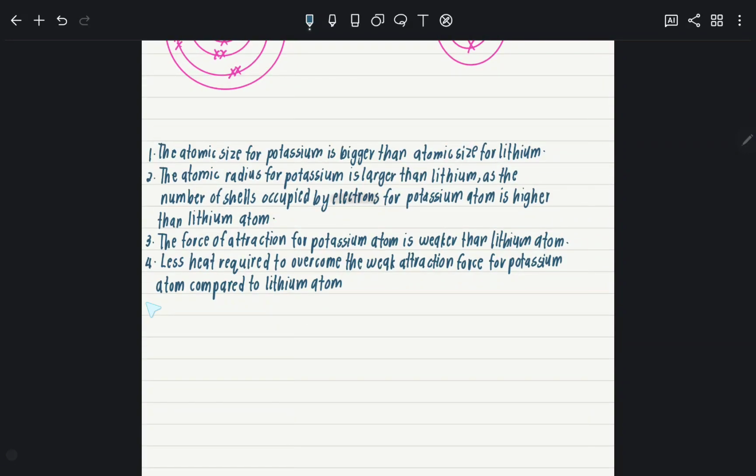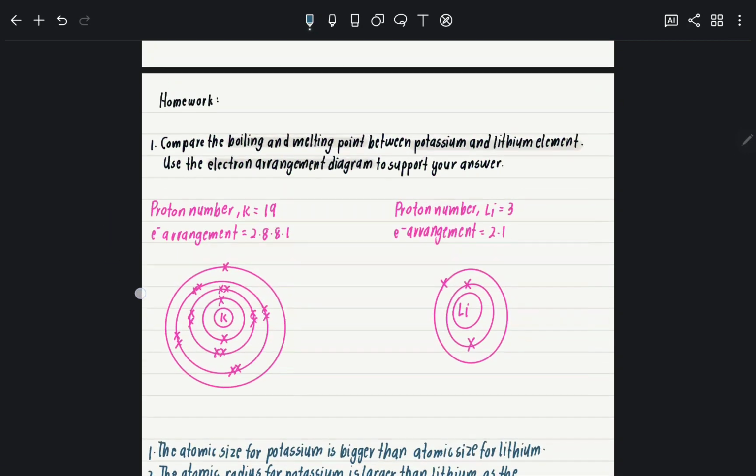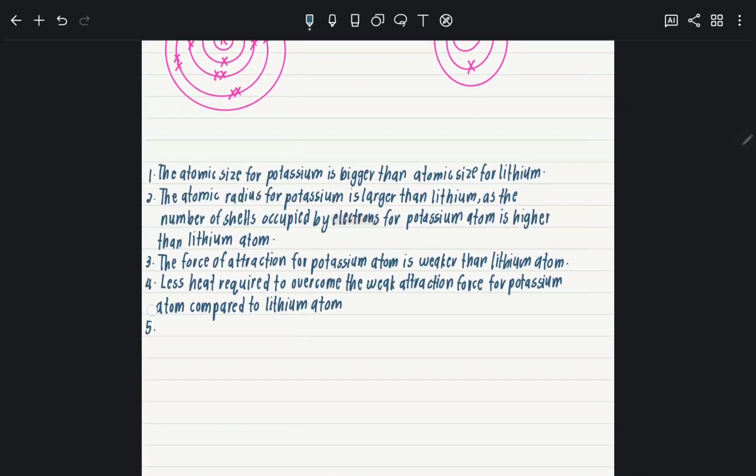So which one punya melting and boiling point higher and lower? Saya suruh compare certain meter yang mana higher pun.